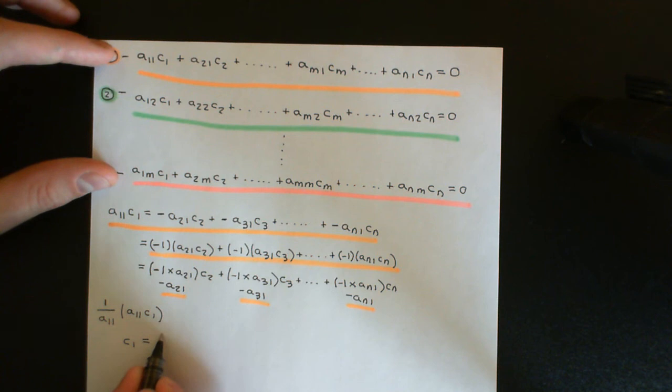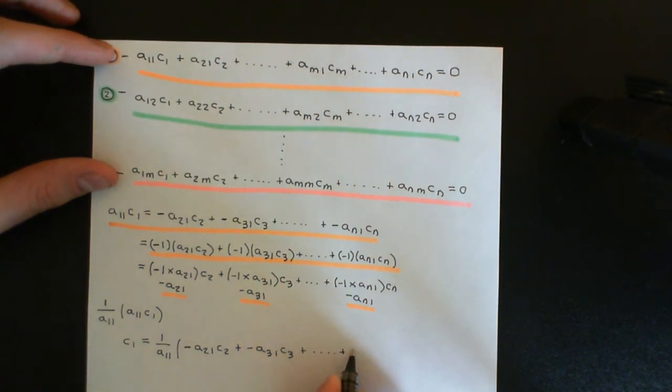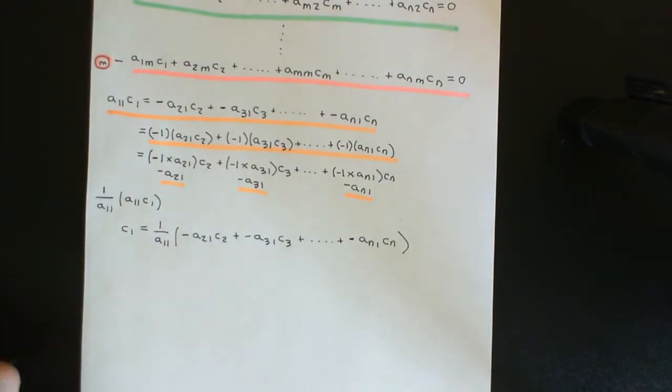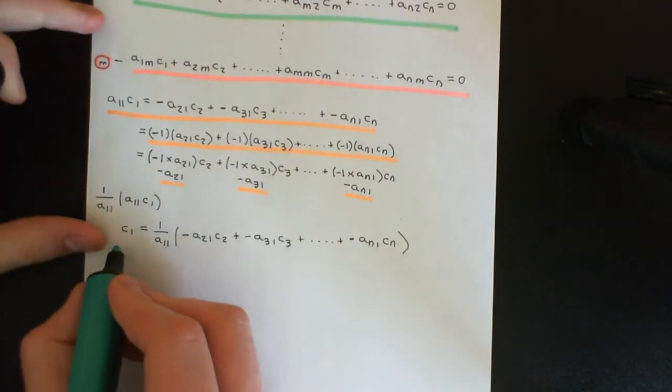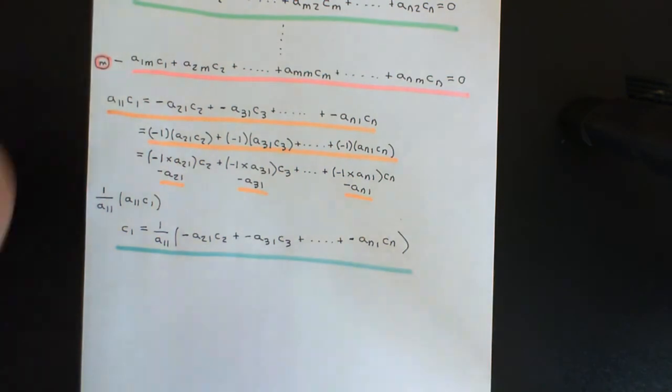And on the other side, what I'll end up with is 1 over A11 times negative A21 C2 plus negative A31 times C3 plus on and on, all the way until we end up with negative AN1 times Cn, like so.